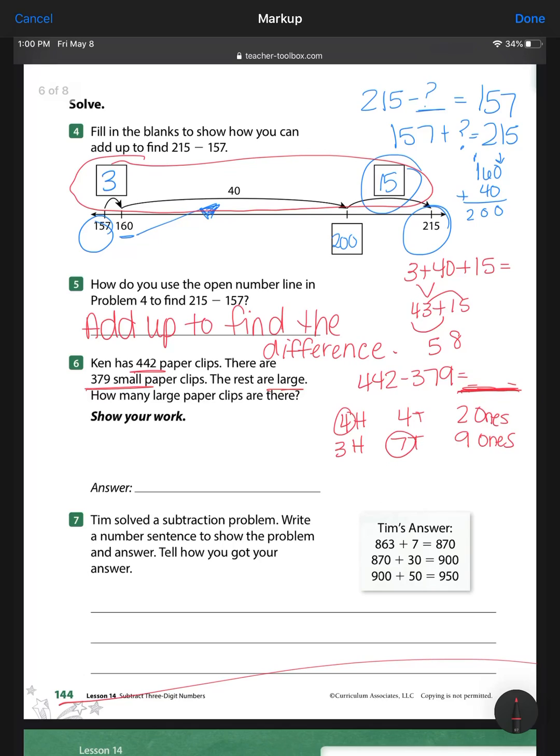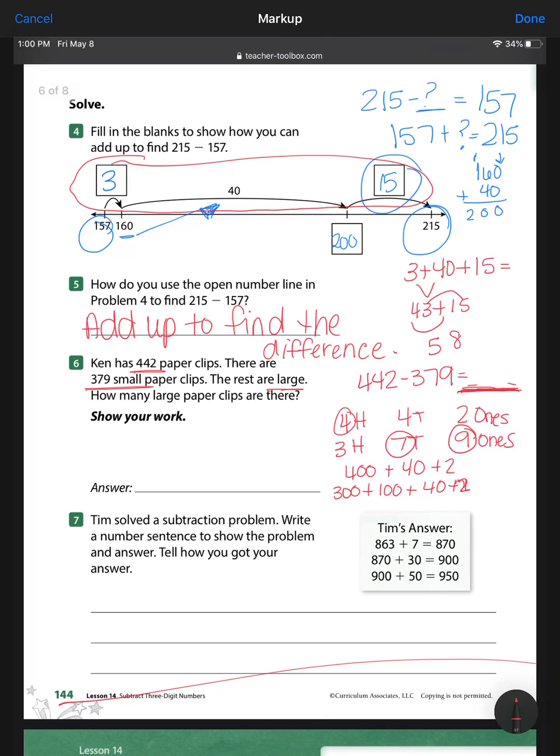So we know that 4 is bigger, 7 is bigger, and 9 is bigger. So we're going to have to regroup 2 times, okay? So let's write it out. 400 plus 40 plus 2. And we can change that to regroup. So we're going to have 300 plus 100 plus 40 plus 2.